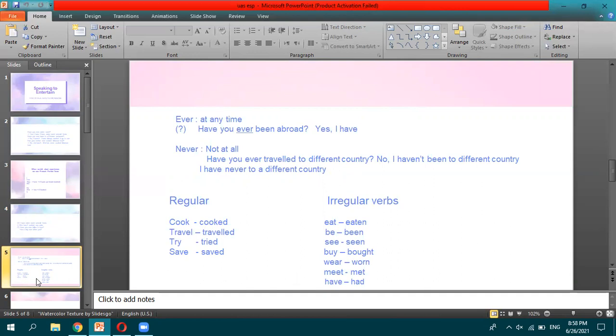When talking about experiences, we use the words ever and never very often. What do they mean? Ever means at any time, and you usually use it in questions.